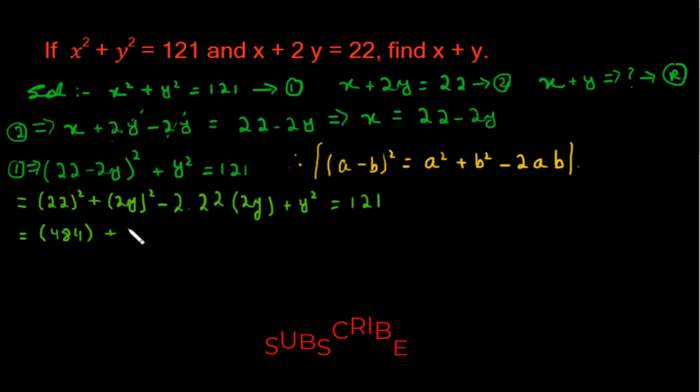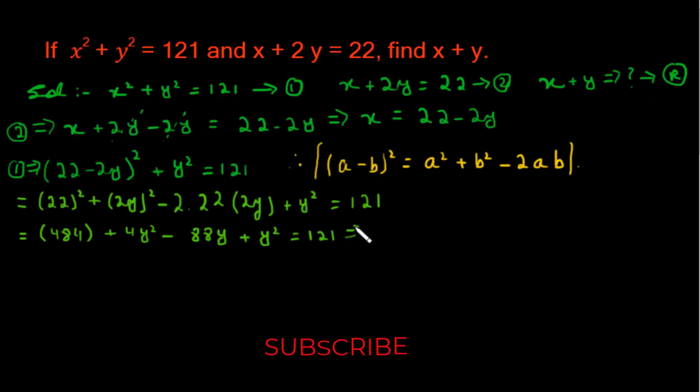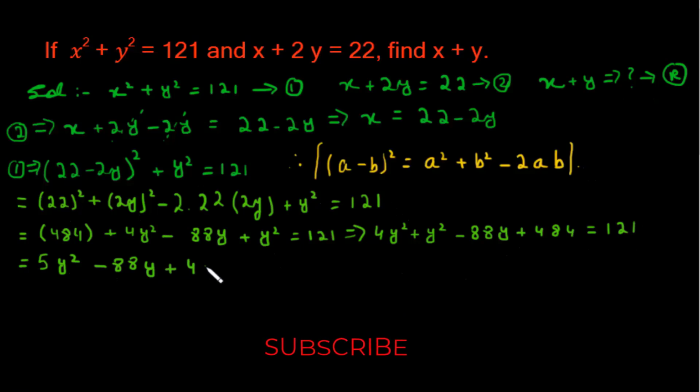(2y) squared is equal to 4y squared, minus 2 times 22 times 2: 2 times 22 is 44, 44 times 2 is 88, so minus 88y, plus y squared is equal to 121. Now writing the like terms, that is 4y squared plus y squared minus 88y plus 484 is equal to 121, and this will give us 5y squared minus 88y plus 484.